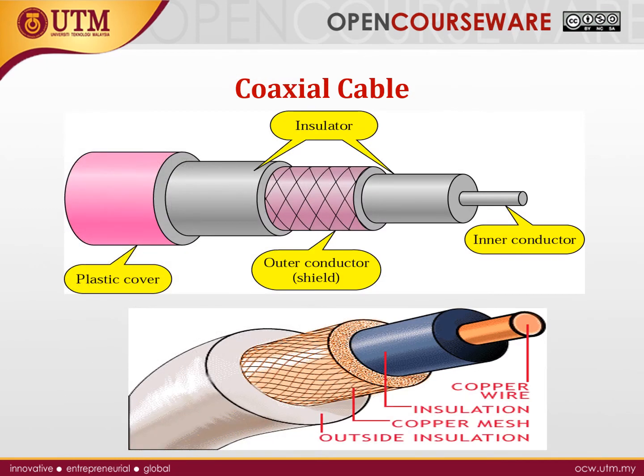And then we have the coaxial cable, which consists of the plastic cover, and then two types of conductor: the outer conductor, which is the shield, and then the inner conductor, and then the insulator.